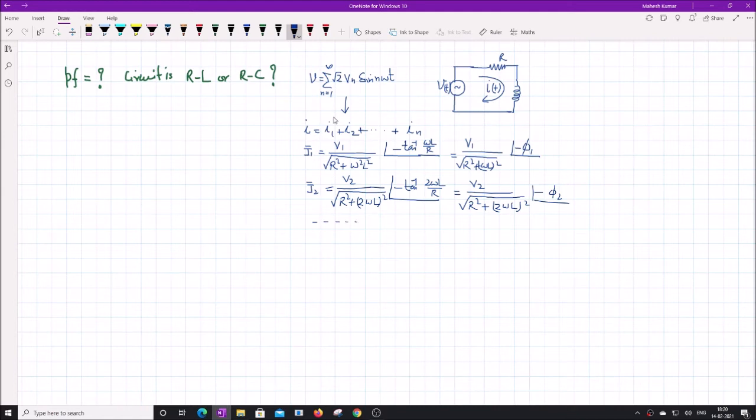This goes on till the nth component, which is Vn by the square root of R squared plus (nωL) squared, at angle minus tan inverse nωL by R, which is nothing but minus φn.